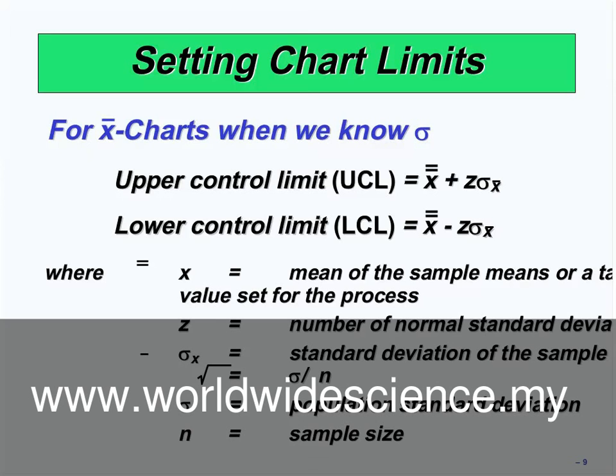As I told you, sigma x bar equals sigma divided by radical n. N is 9 here because the sample size is 9, because in each hour we select 9 cups. If you select 12 cups, the sample size is 12. If you select 5 cups, the sample size is the number of samples you select in each hour.